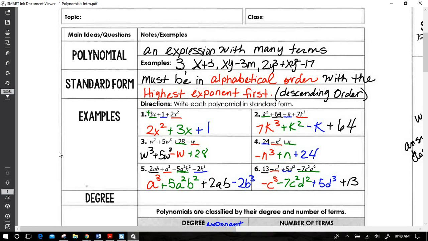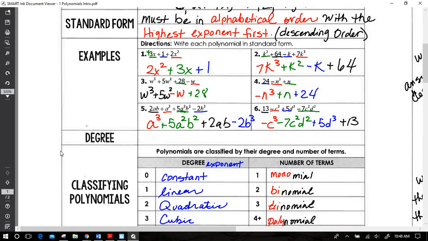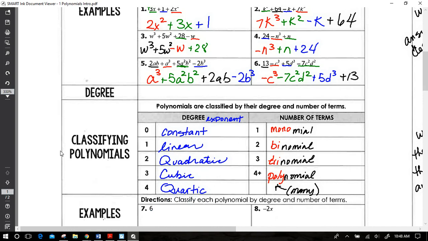All right, let's take a look at the names that we give to polynomials based on what degree they are, meaning what number exponent they have. If you think about when we say it is 67 degrees outside, you know how we put that little degree symbol up there. Degrees.